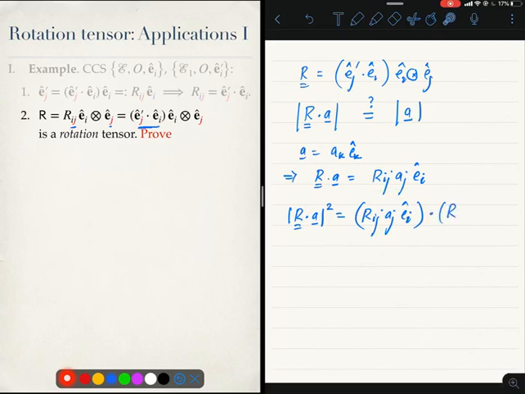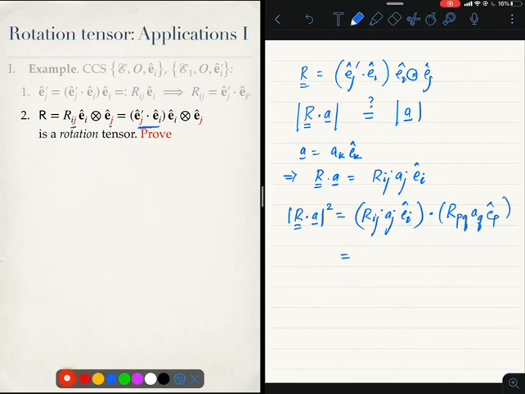That's a dummy index, so I give it a different name and write RPQ AQ EP. And Ei dot EP is delta IP.